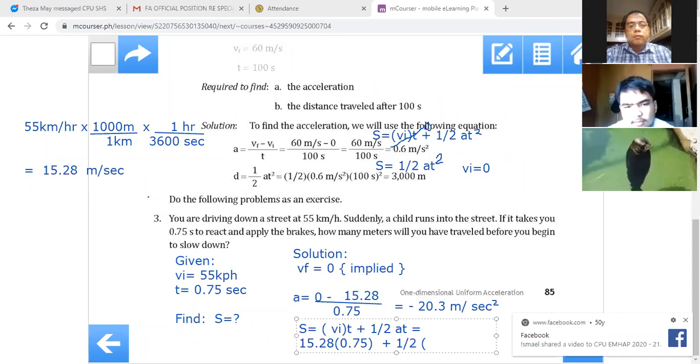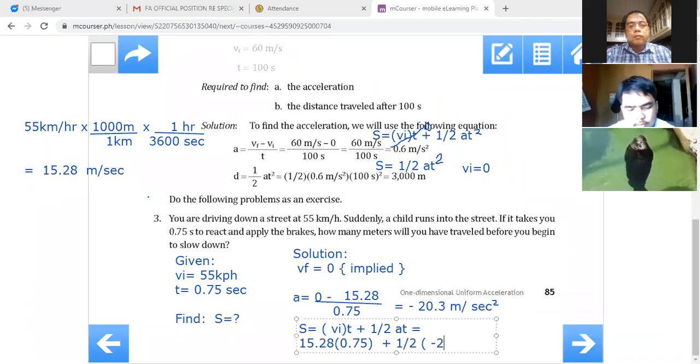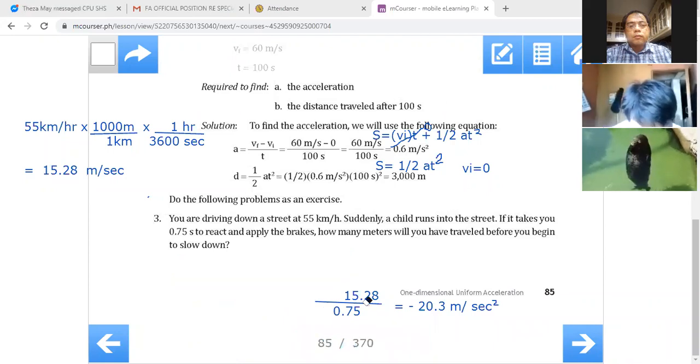Our acceleration is negative 20.3, and our time is 0.75 squared. Sorry, I will put in the value first, and we will square later.